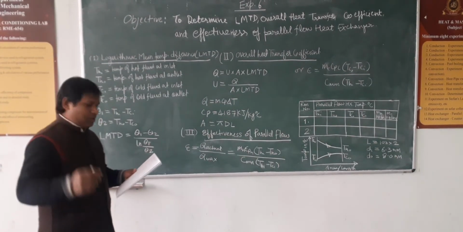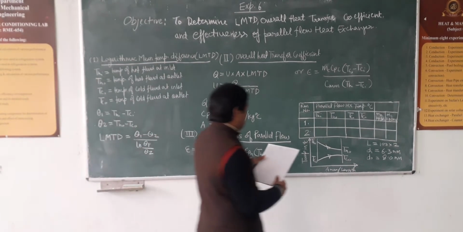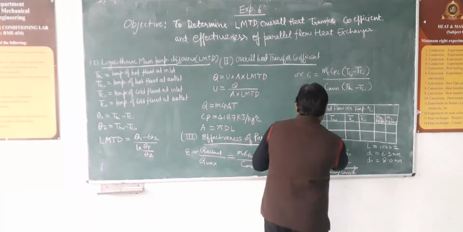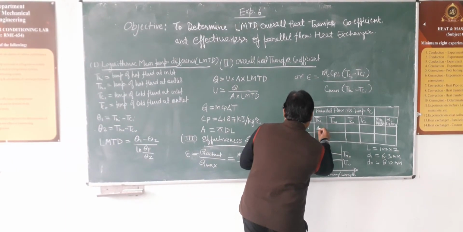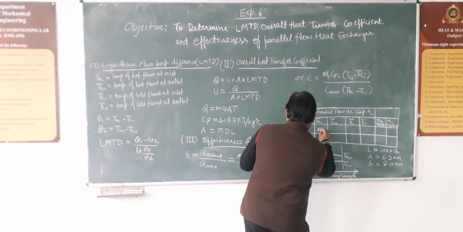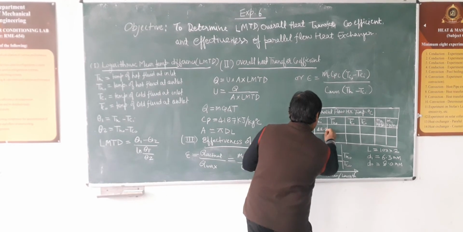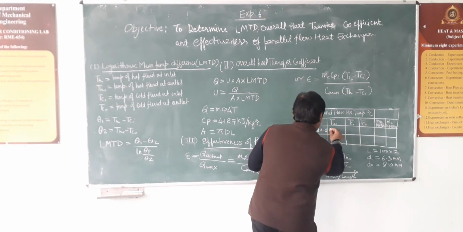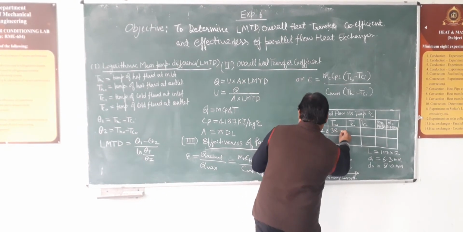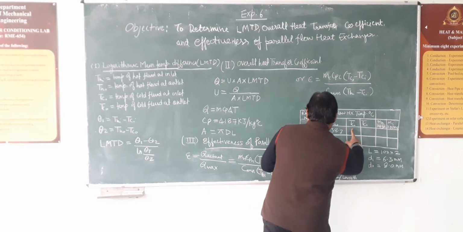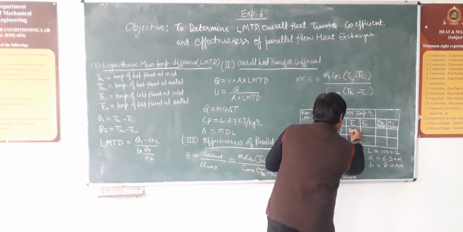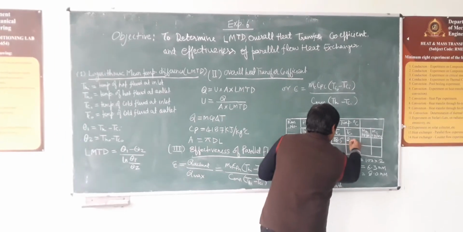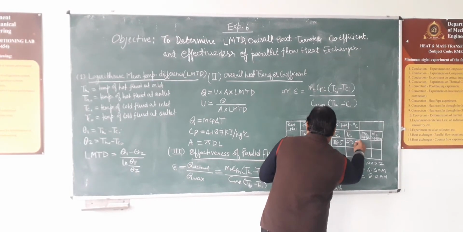Already we have taken the readings. We will write the readings here. THI we have found out, that is 42.8. TH naught 38.3. TCI we have got 27. TH naught we got 18.5, and TC naught 27.3.